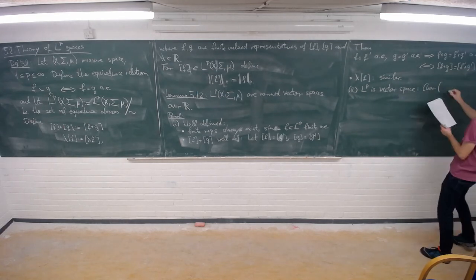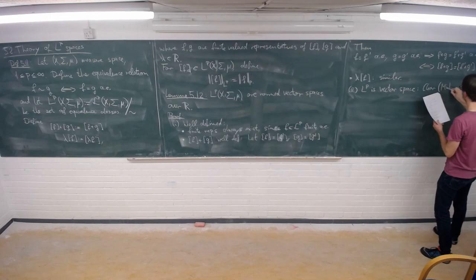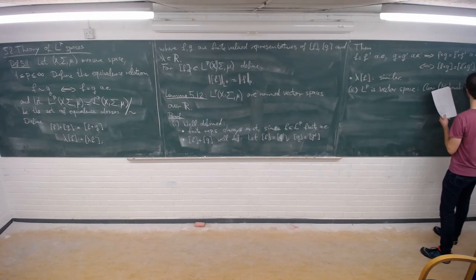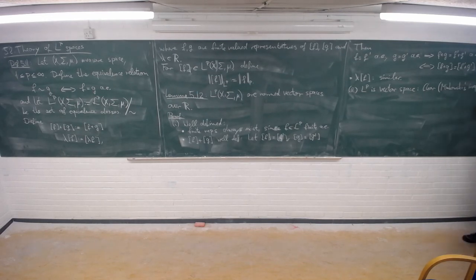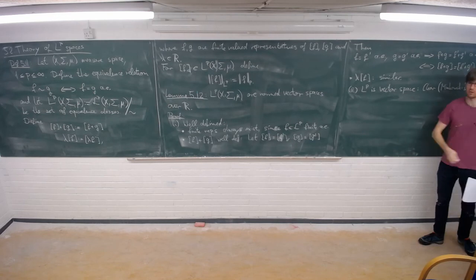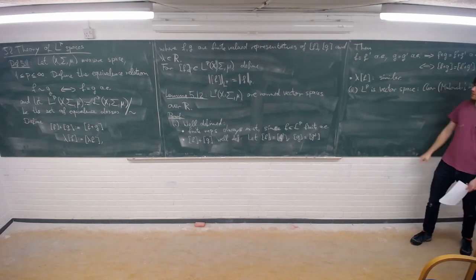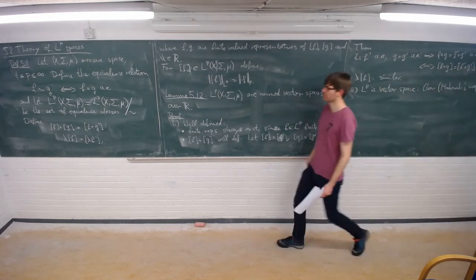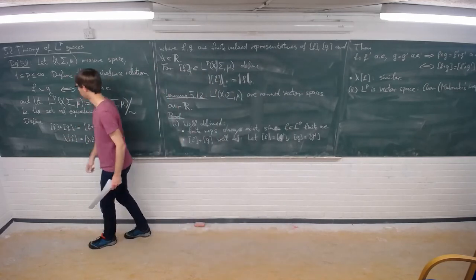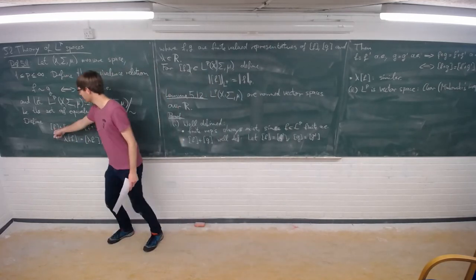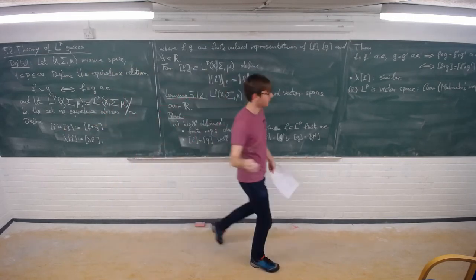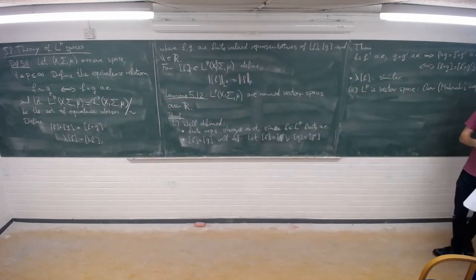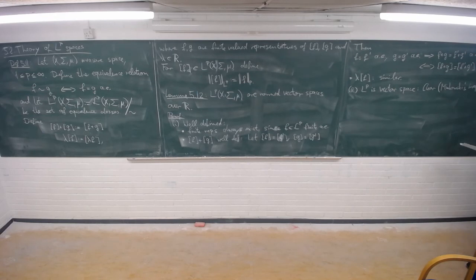One comment I'm going to make is that this uses Minkowski's inequality, because part of being a vector space is, you know, if f is in LP and g is in LP, then f plus g has to be in LP again, and that was precisely one of the statements of Minkowski's inequality.